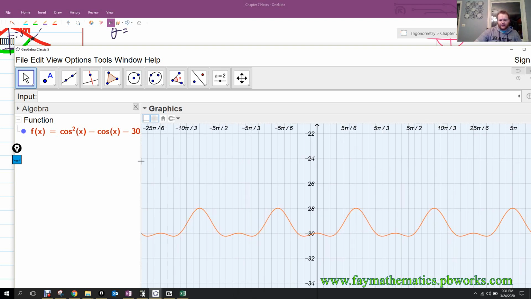And obviously that does not cross the x-axis, doesn't cross the y value equaling 0, so there's no solution here.